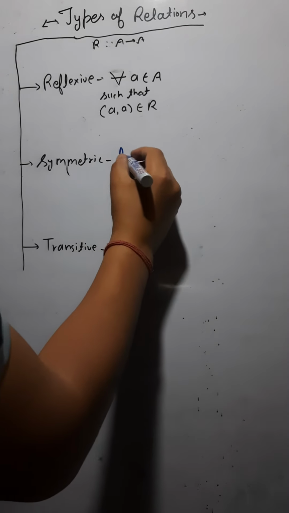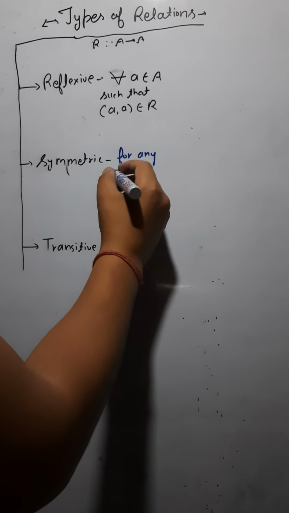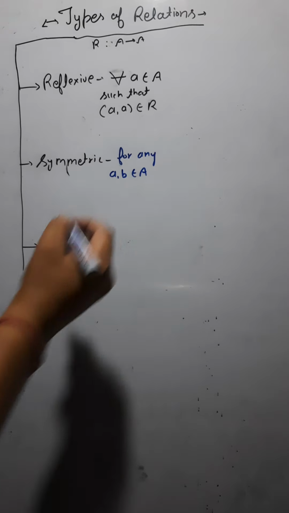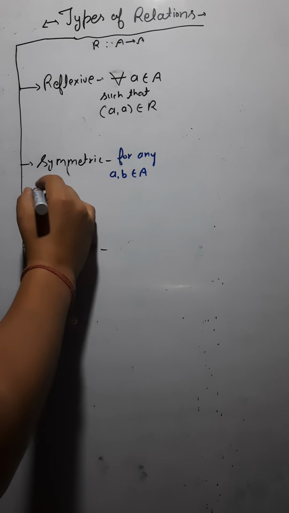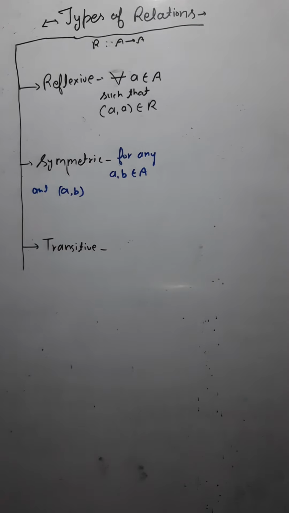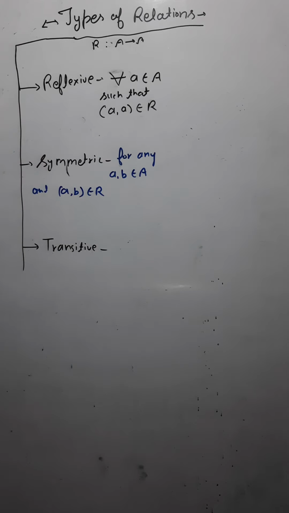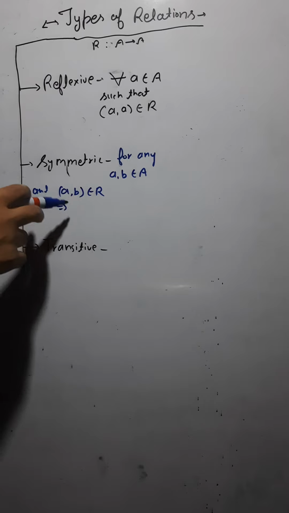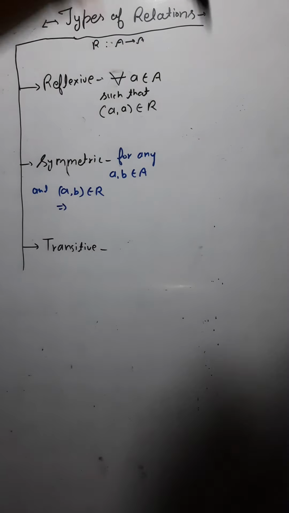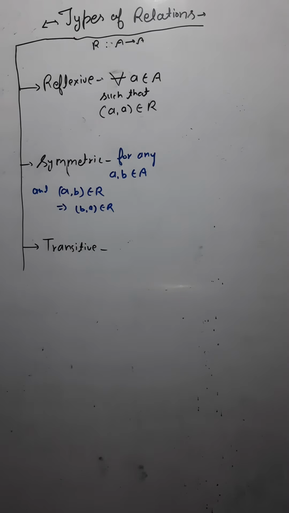For any a, b belonging to A, if you have a relation with the ordered pair (a, b) belonging to R, it implies that if (a, b) is there in R, then (b, a) should also be there in R. That you have to remember.